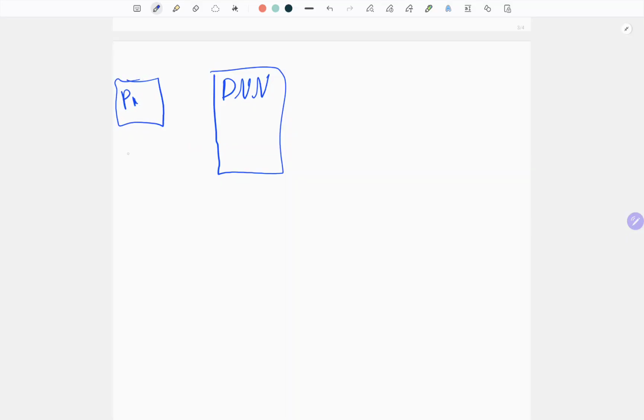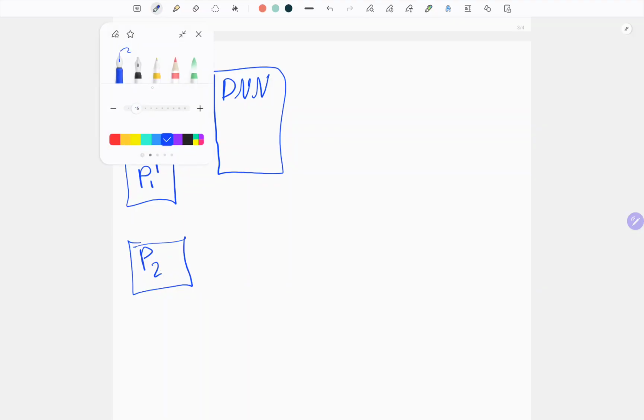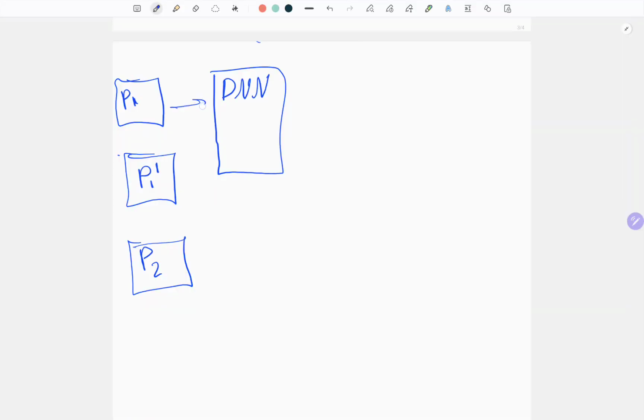This will be P1, and then another image of the same person, P1 dash, and then a negative pair, P2. We would get outputs E1, E1 dash, and E2.